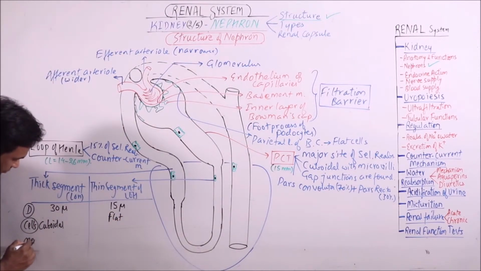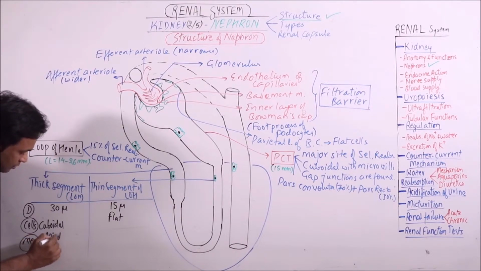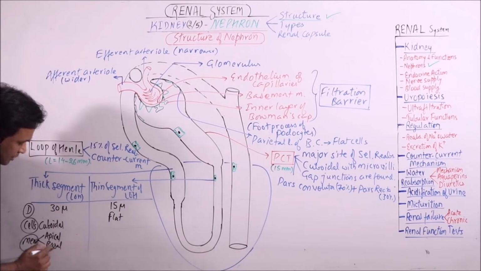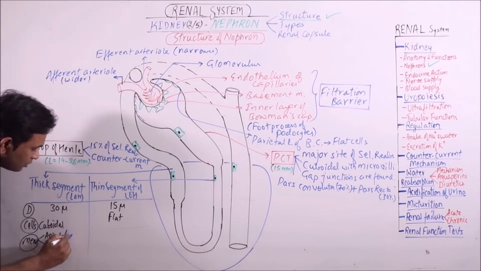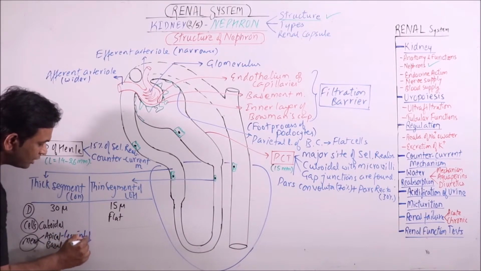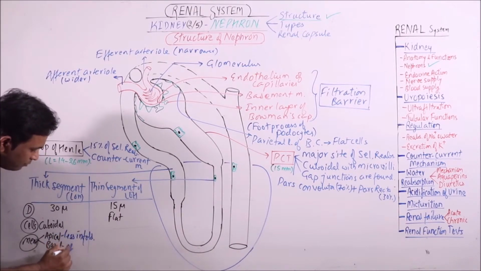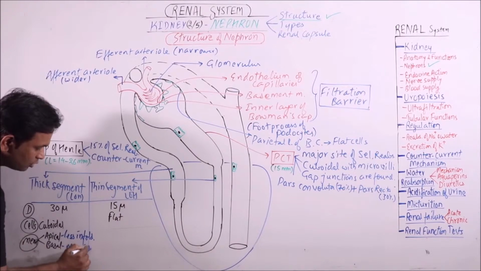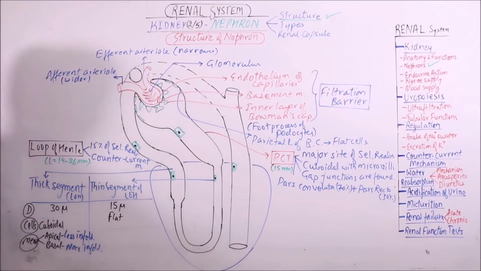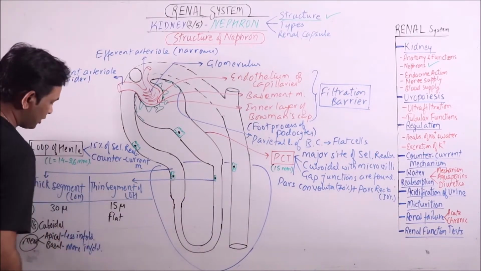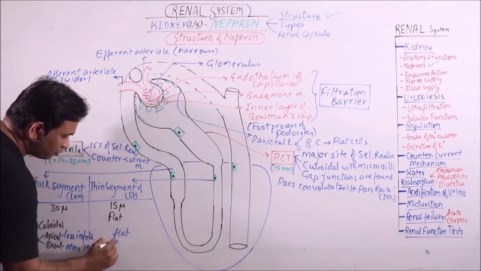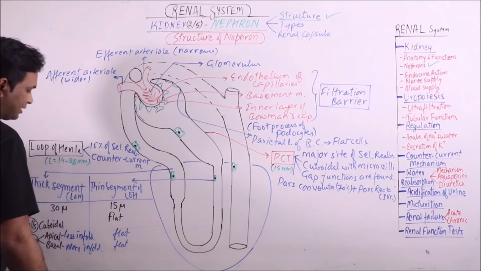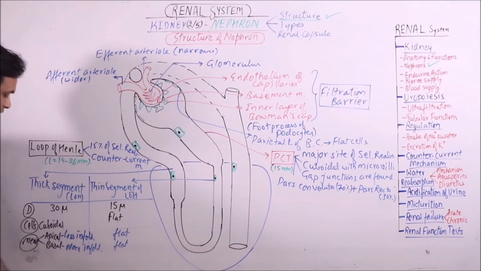Then the membrane is apical or basal. The apical membrane show less infoldings, while the basal membrane show more infoldings. In the case of thin segment, the cells are flat, so both membranes are flat without infoldings.